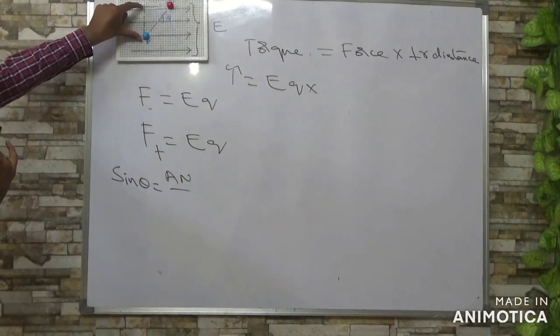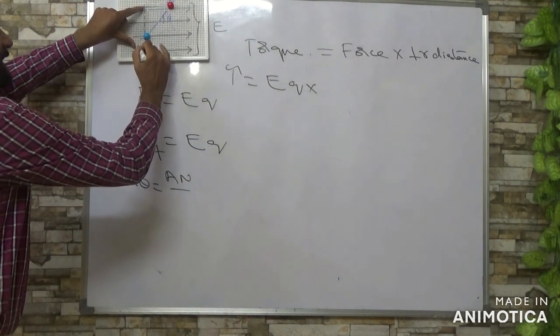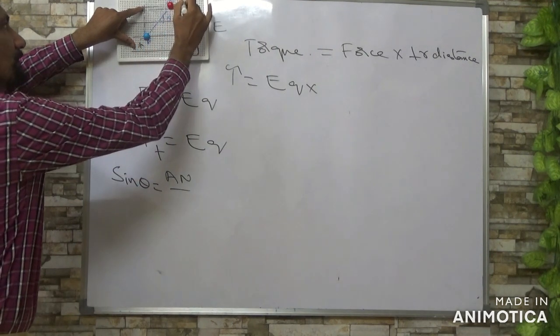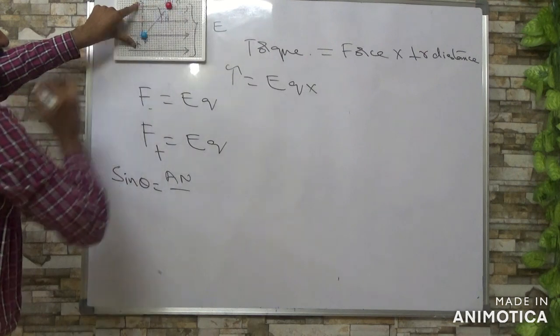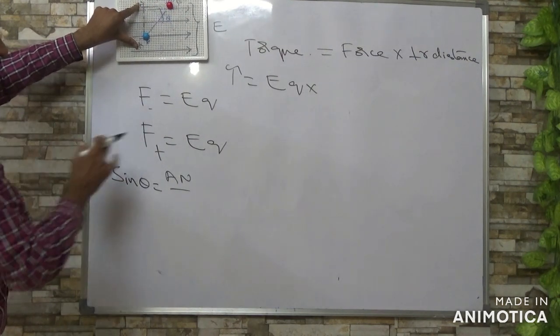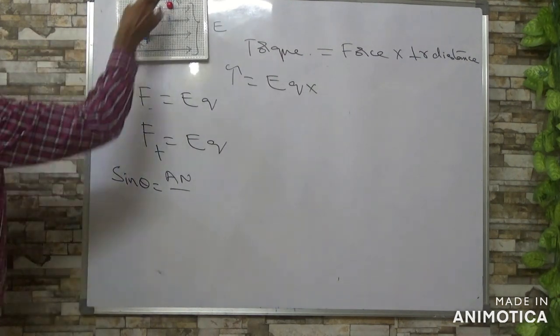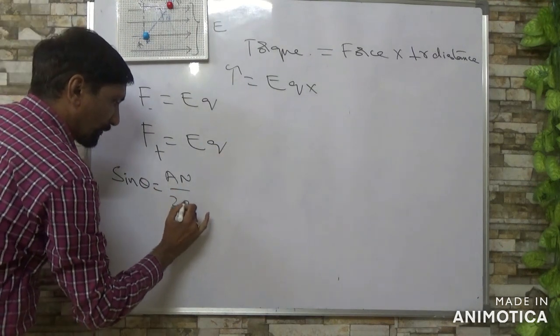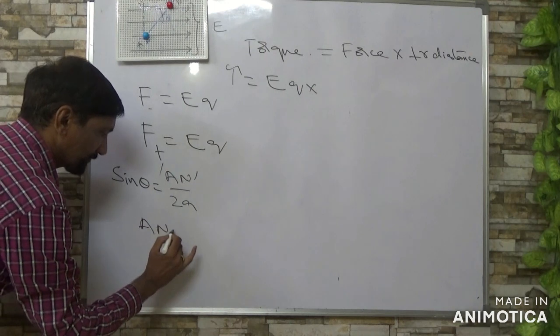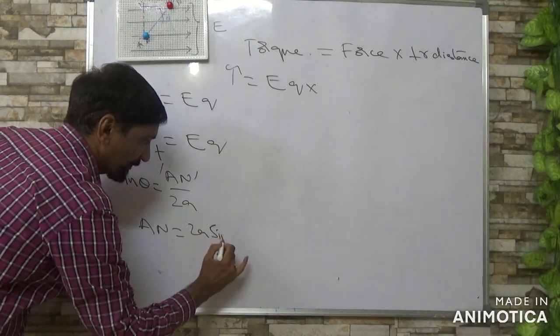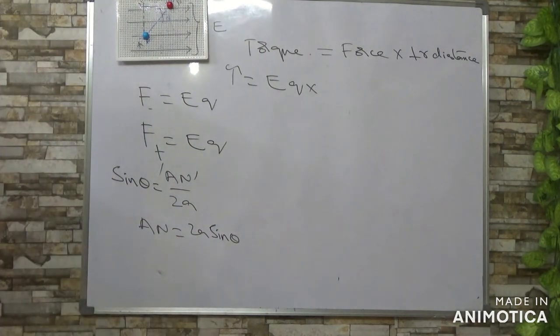Okay, so this part, say this is A, B, N. So A N, okay, from here I am taking. So A N is the perpendicular distance, by hypotenuse, length of the dipole now. So 2N becomes 2A sine theta.